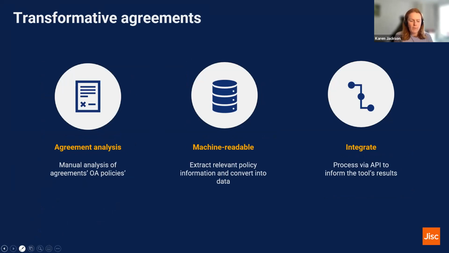Obviously, with the new UKRI policy in particular, but just with more funder policies and mandates coming out in general, we are having to adapt to be able to take in different types of policy and things such as the transformative agreements, which John has already referred to.